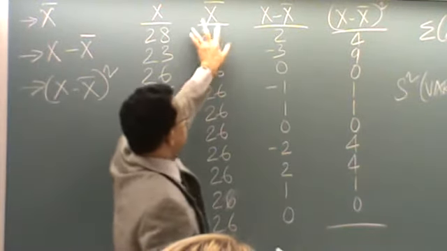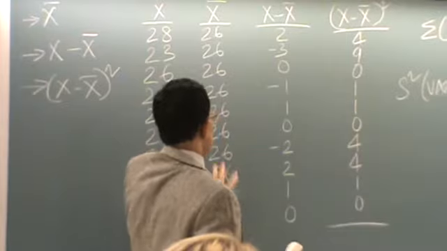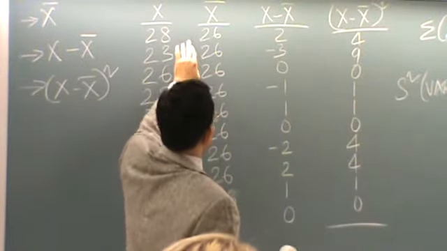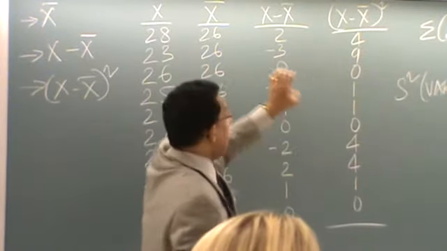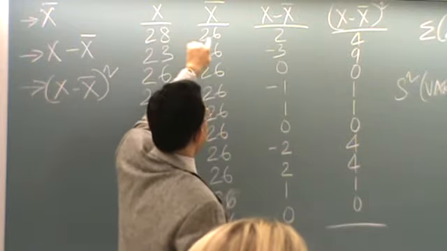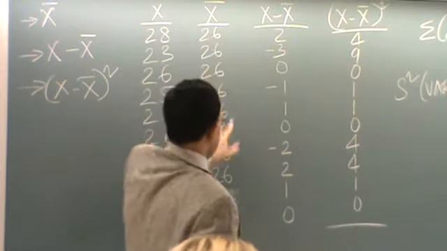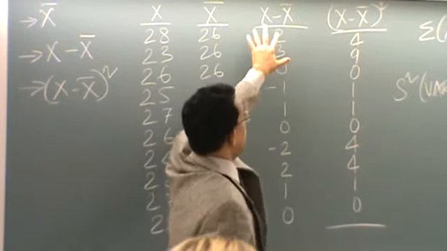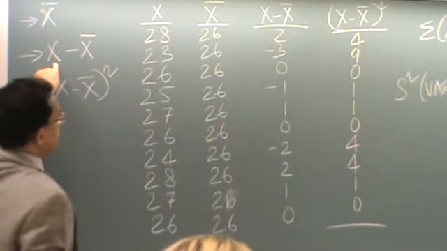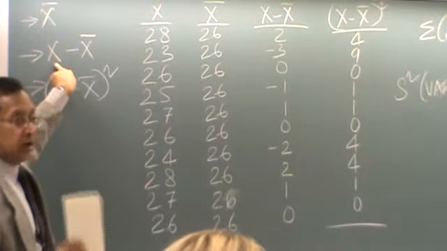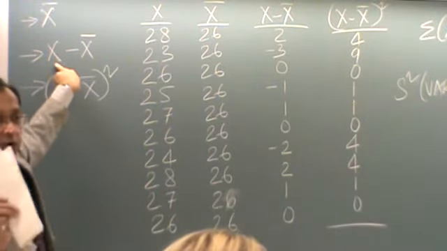We write down in the next column the mean for each one of these values because we need to see how much each value is deviating from the mean. Third column, that's x minus x bar, the deviation for each value.